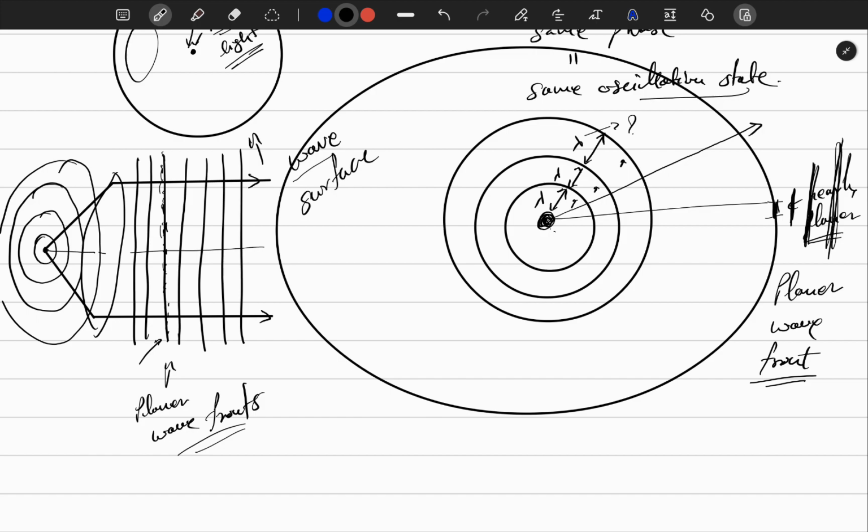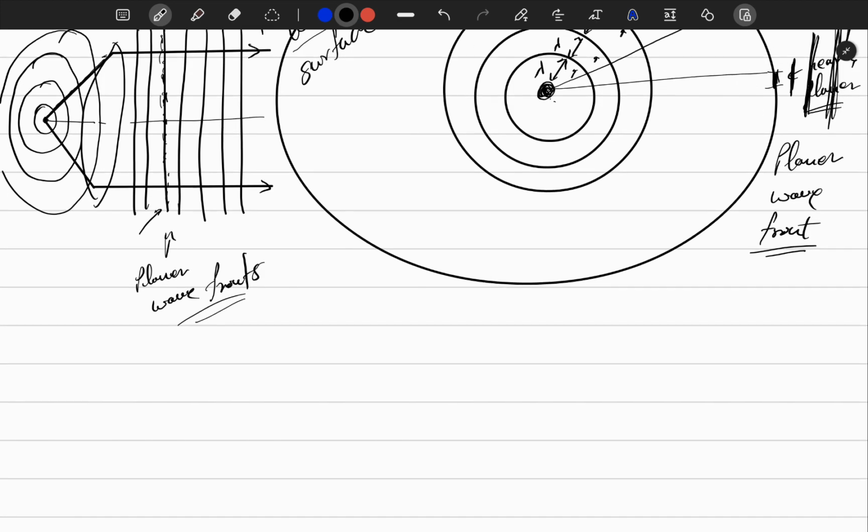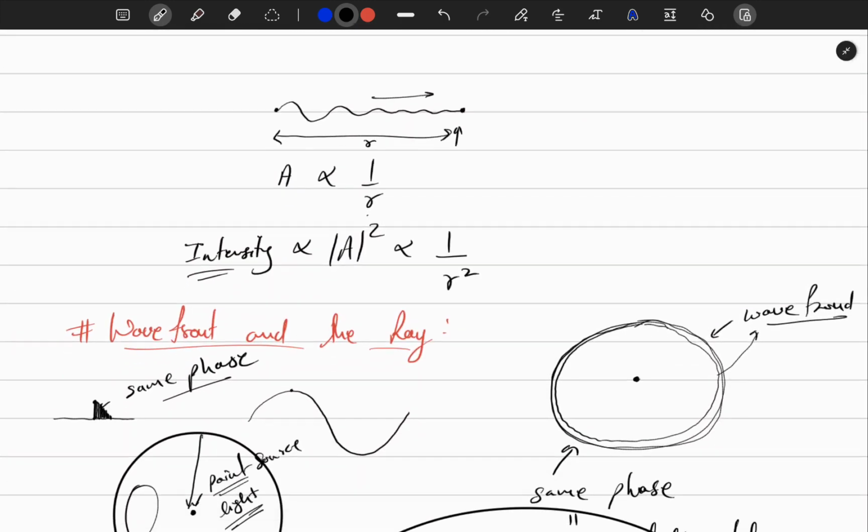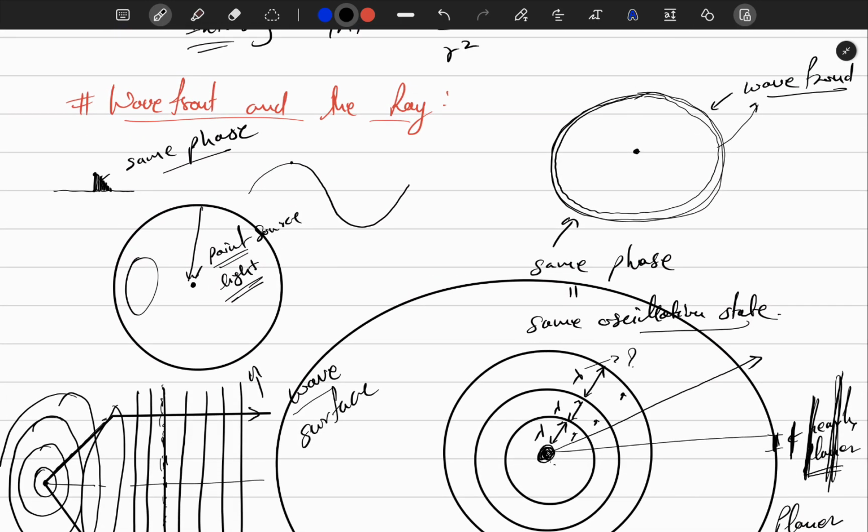A ray shows the direction along which the wavefront moves. The wavefront is moving there, and perpendicular to every wavefront is this ray of light.